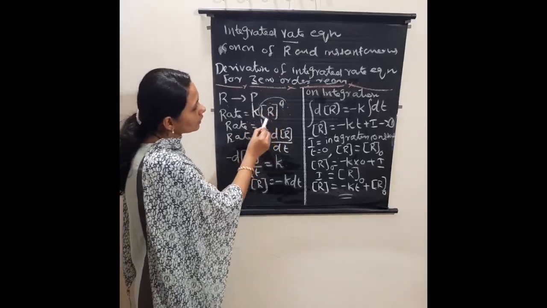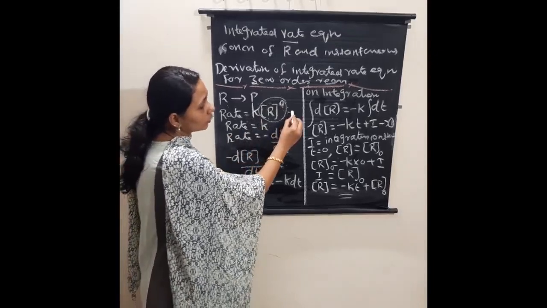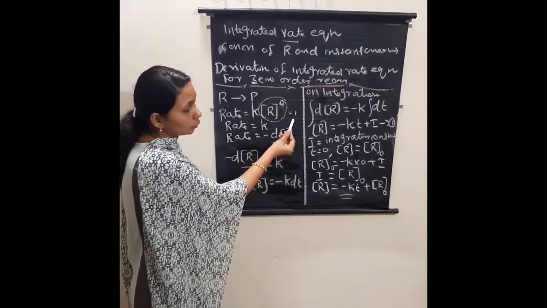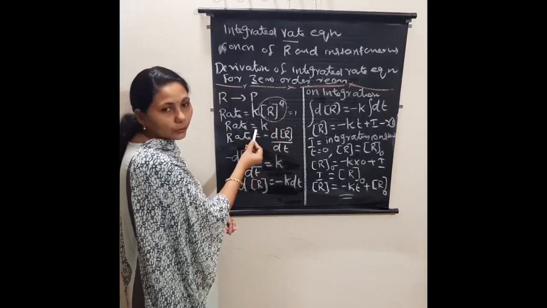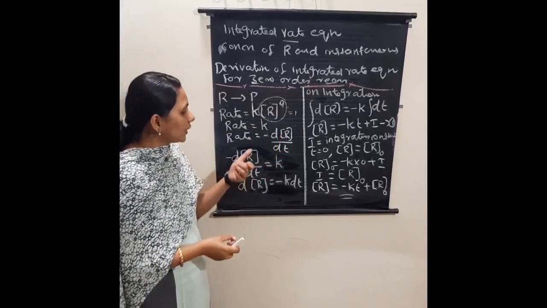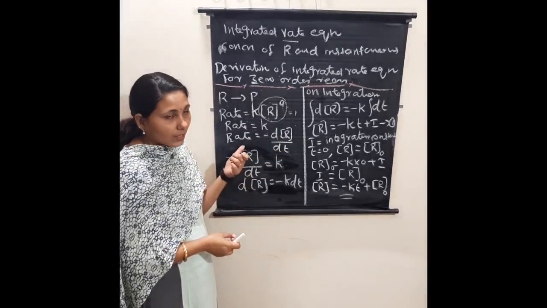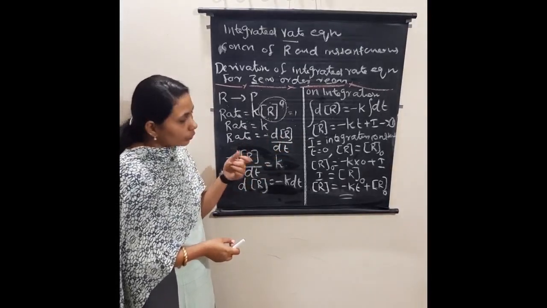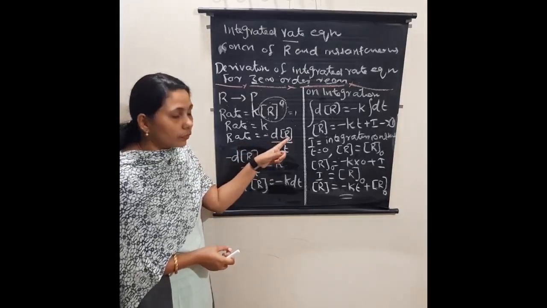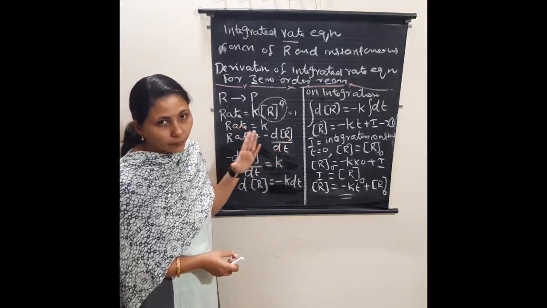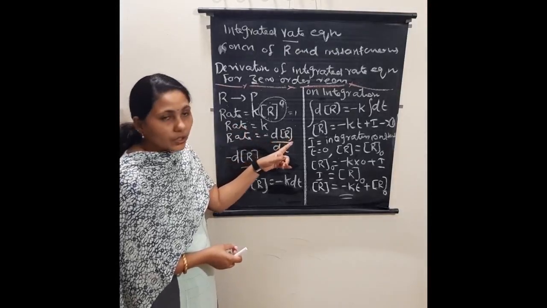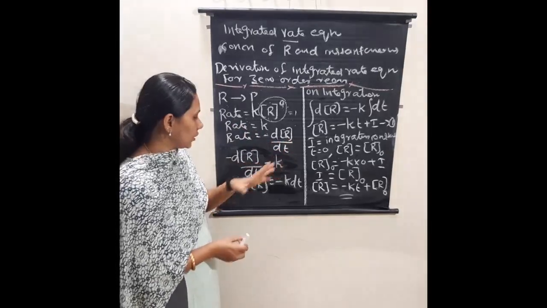Something raised to 0 equals 1, so the concentration of R raised to 0 equals 1. So rate equals K. Then we know the instantaneous rate equals minus d[R] divided by dt.